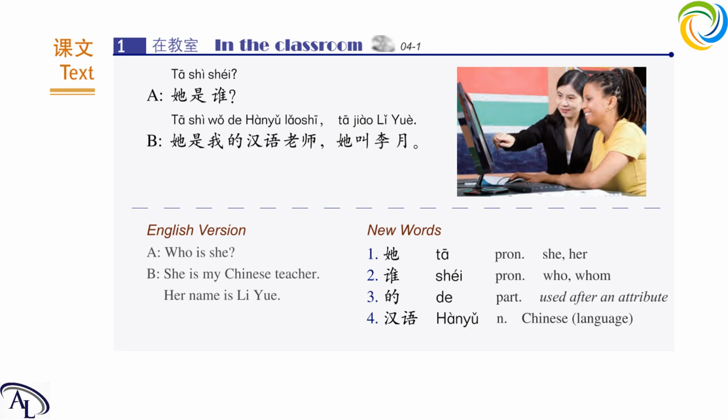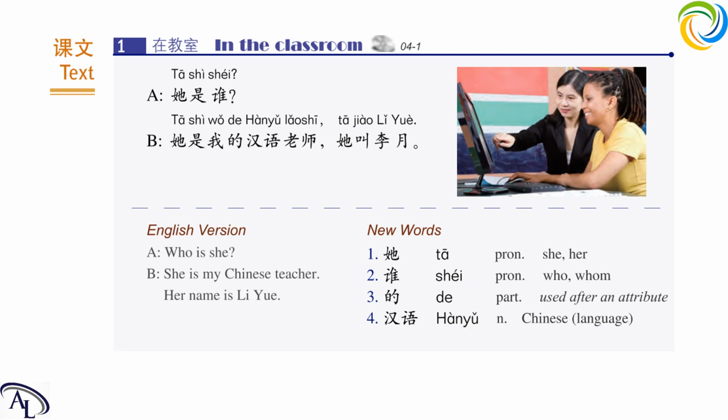One is an interrogative sentence and one is a declarative sentence. Their word orders are the same. So in Chinese, it is really easy to ask a question because the word order is the same as the declarative sentence.